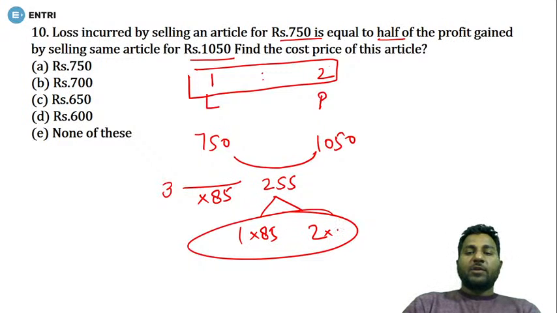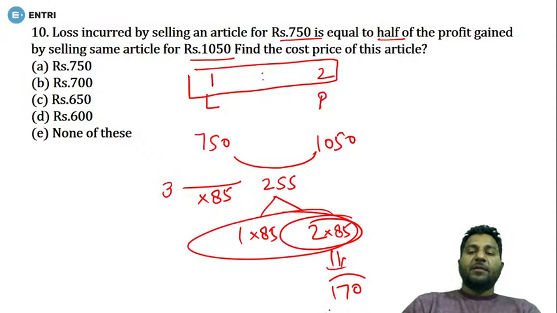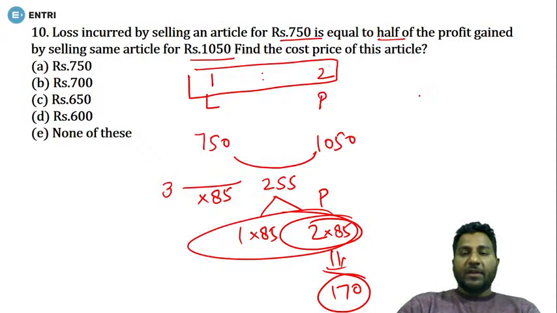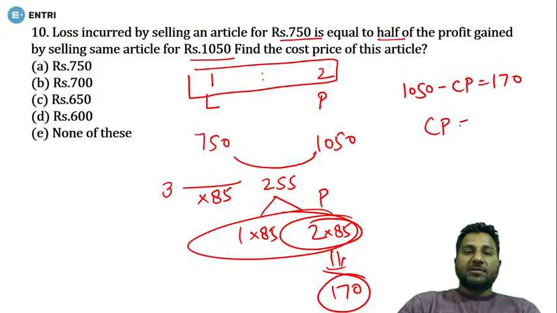So they are asking about the cost price. Let's say the profit arises as 170. And we know that selling price minus cost price is 170. So cost price must be equal to what? The profit will be twice.